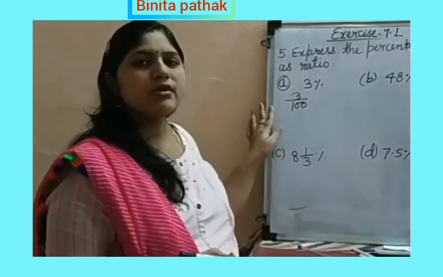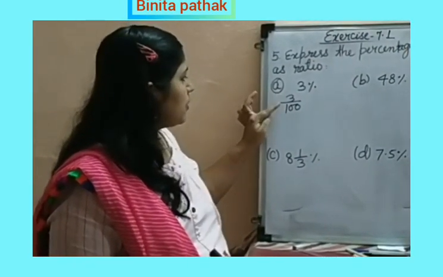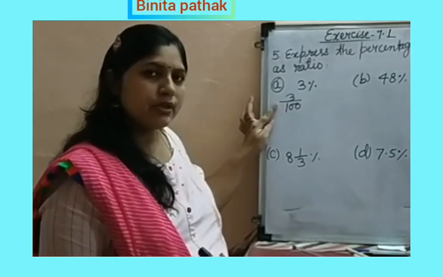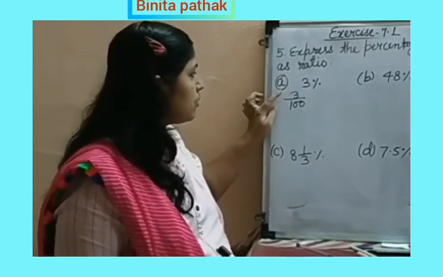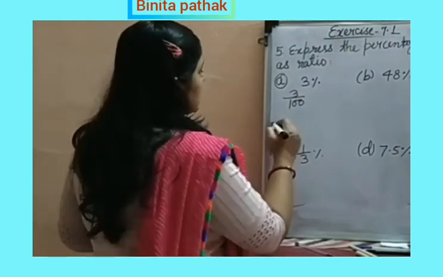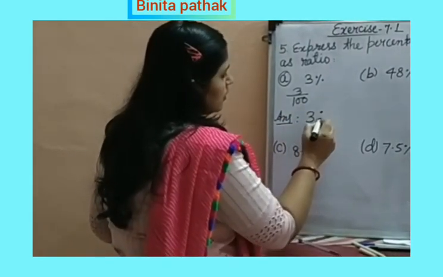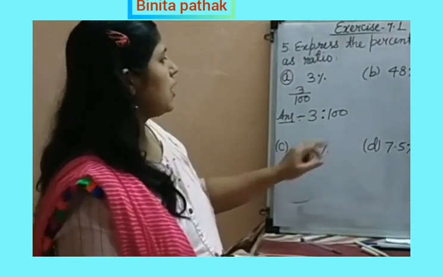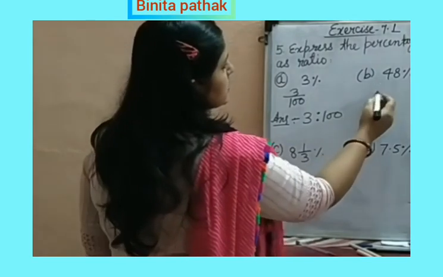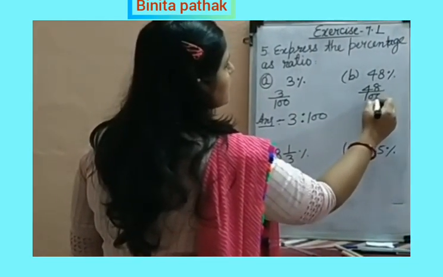Now as we have done in the chapter of ratio, if the numbers can be cancelled by any number, we will cancel them. But here the numbers will not be cancelled. So the answer is 3:100.